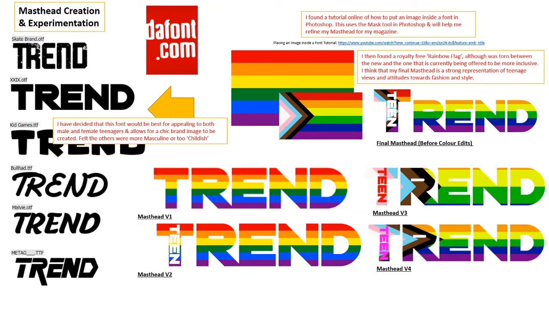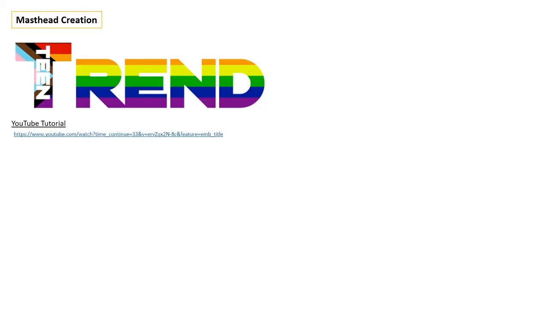All right, and therefore by doing that, I've got my masthead. I've also increased the T size because I wanted to make sure that I put the log line above that as well, and then also incorporated teen. Now the difference with this is that the colors were a lot darker than they were in the original using the original pride flag.